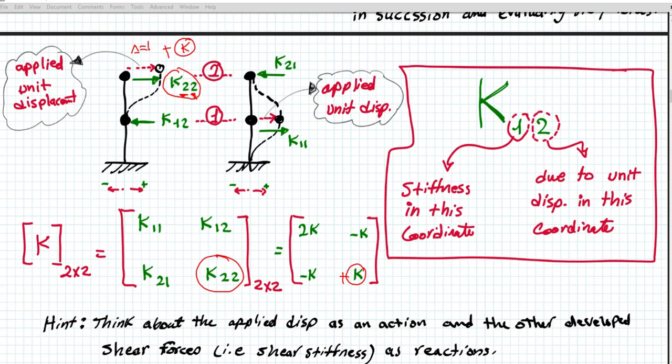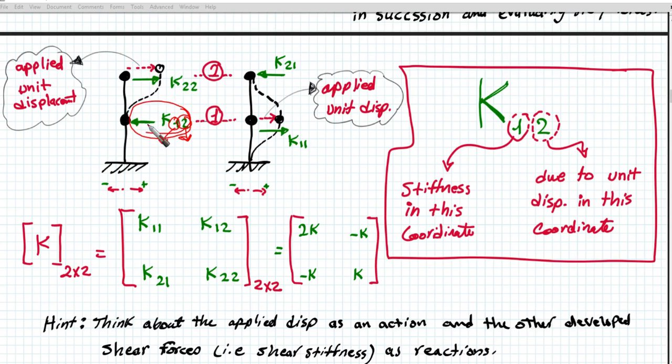Okay. Now let's go to the next part, which is related to the stiffness that is going to be developed here. It is going to be K12, which means the stiffness at coordinate 1 due to displacement at coordinate 2.